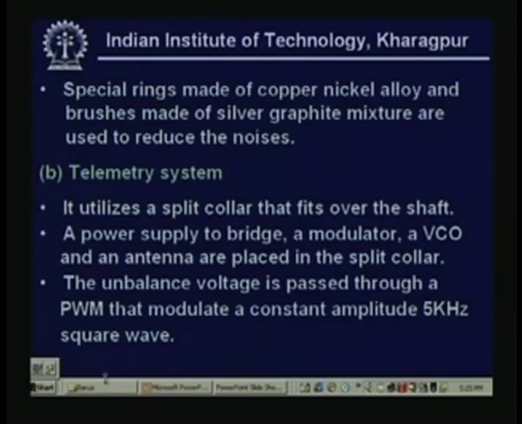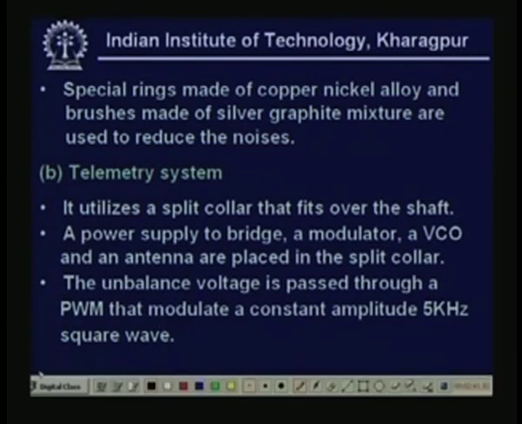So, it utilizes the split collars which I was discussing, and the amplitude of the unbalanced voltage is passed through as PWM that modulates a constant amplitude 5 kilohertz square wave. So, the basic square wave is 5 kilohertz.